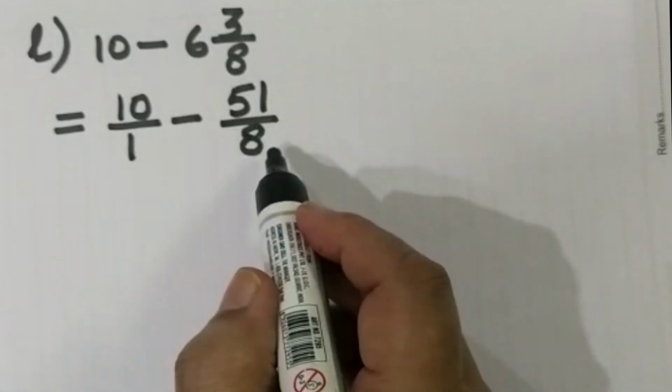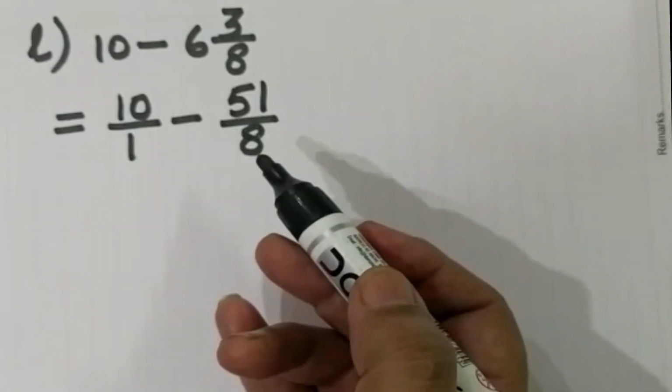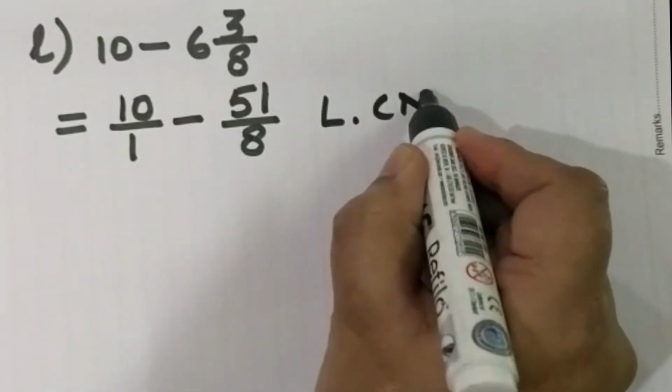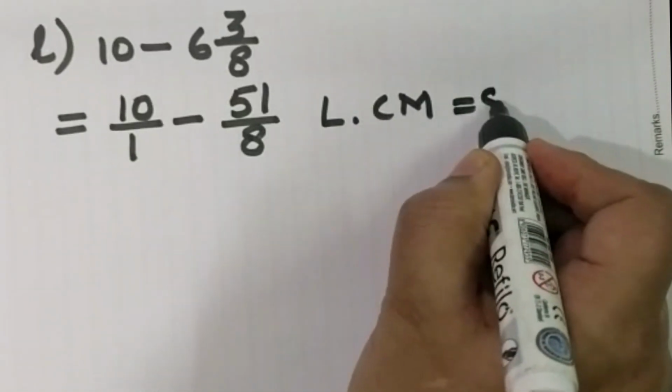So here 1 and 8, LCM of 1 and 8 is 8. So LCM is equal to 8.